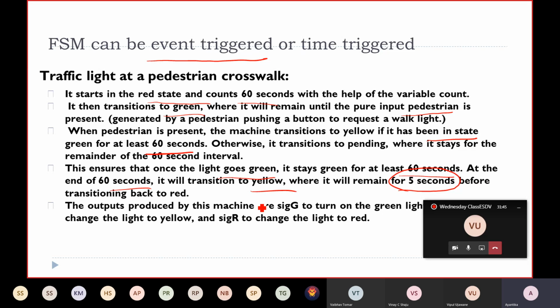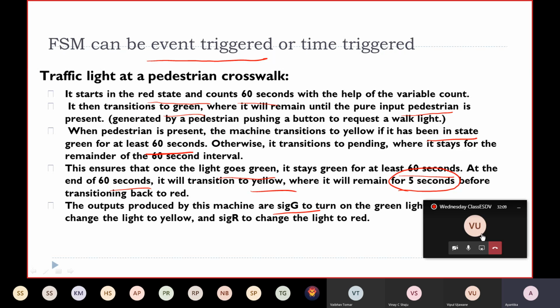Finally, the outputs produced by this machine are these signals: SIG-G, SIG-R, to change the lights to red, green, or whatever as per my requirement. Now I think you are in a position to identify what my states can be.